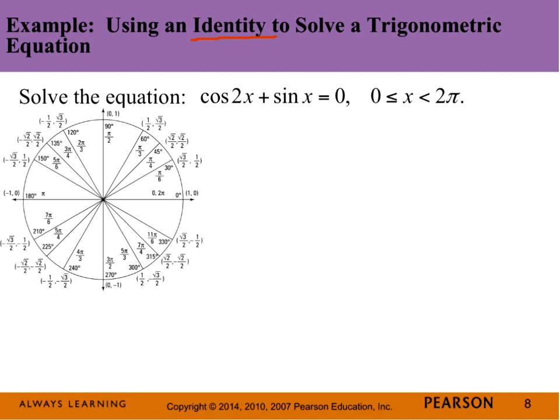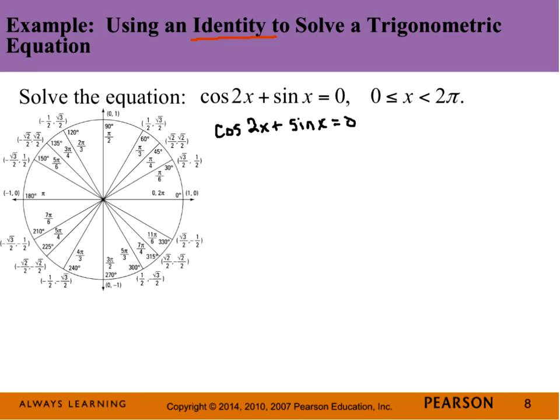So I'll just point out here with this particular equation, I've got cosine of 2x being added to the sine of x equaling 0. So I've got two different functions happening here equaling 0. So if there's some way that I could rewrite one of them in terms of the other, then that would at least get me moving towards some solutions.